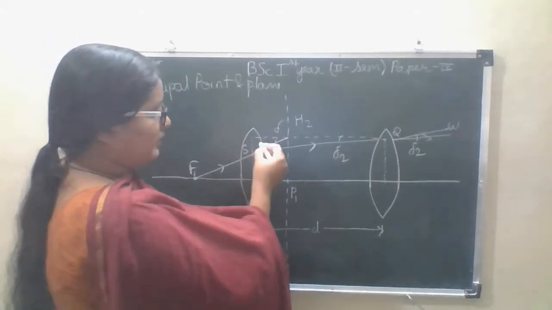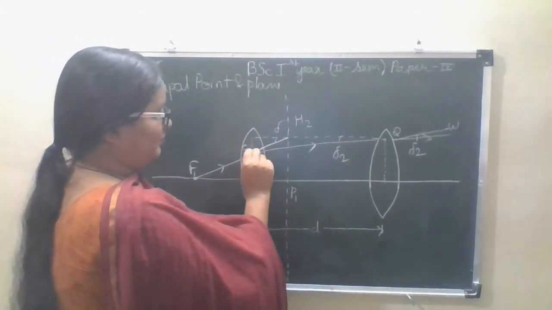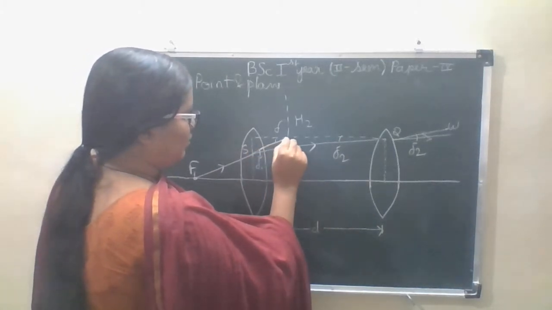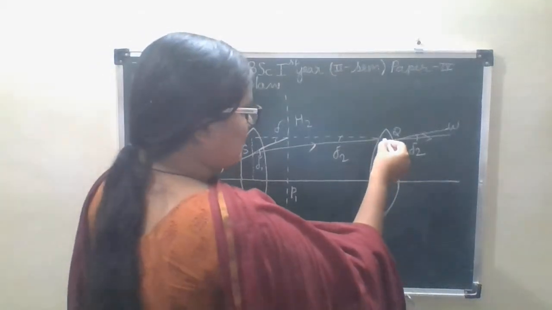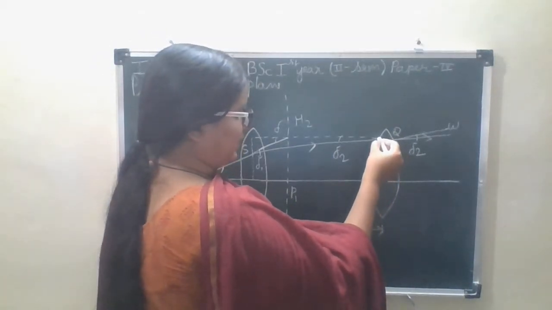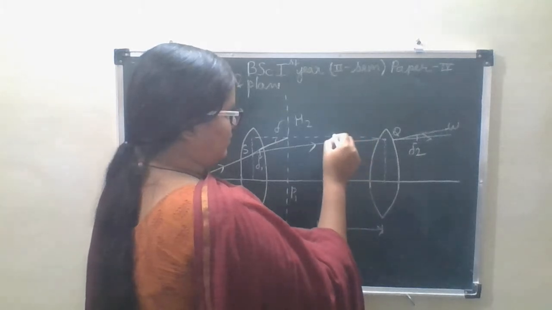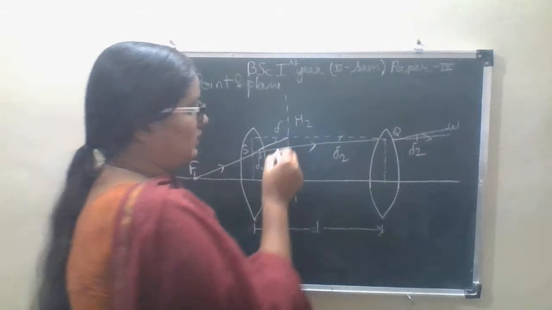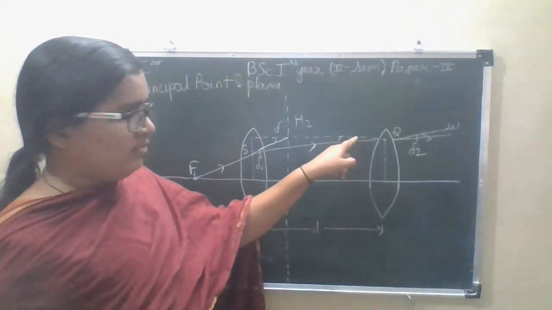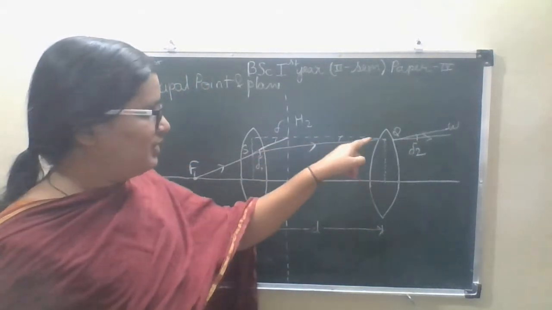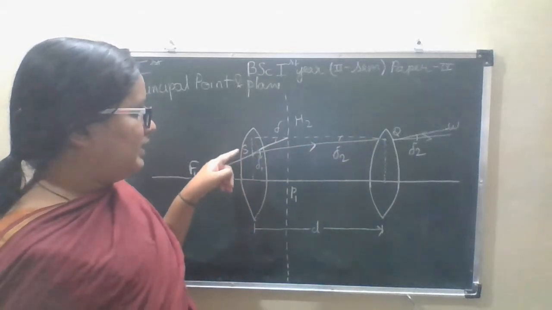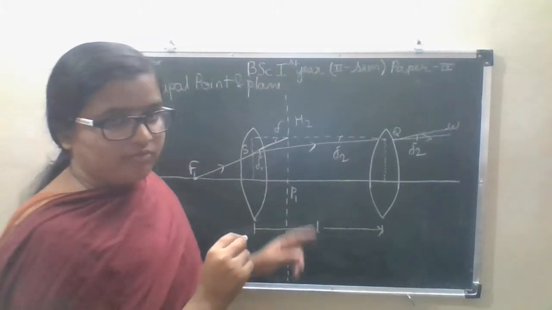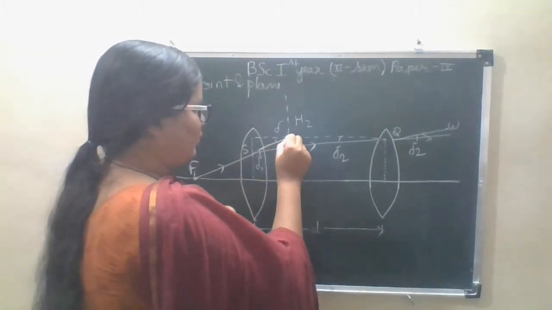This incident ray, we will extend in the forward direction, and this emergent ray will be extended in the backward direction, where it meets at this point.